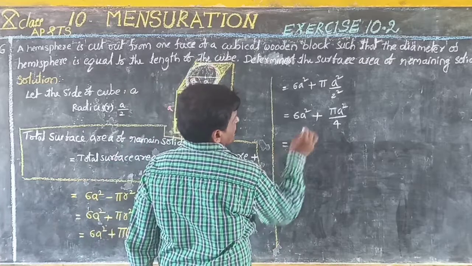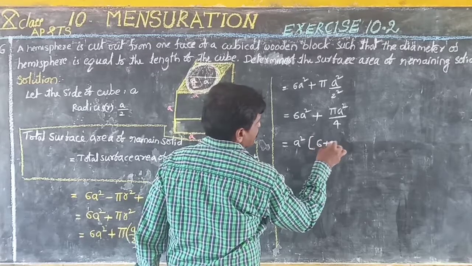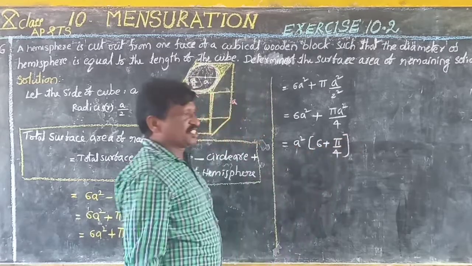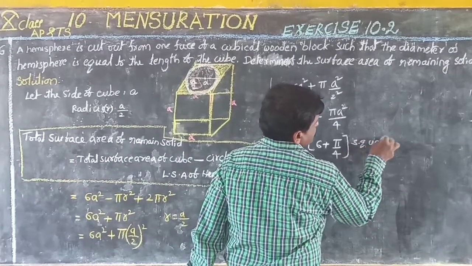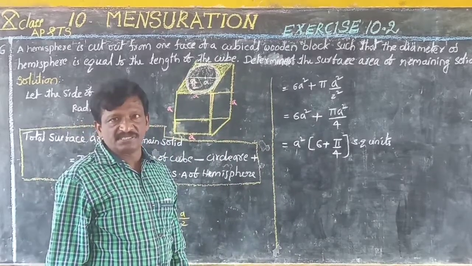So a square common: 6 plus 5 by 4 square units.